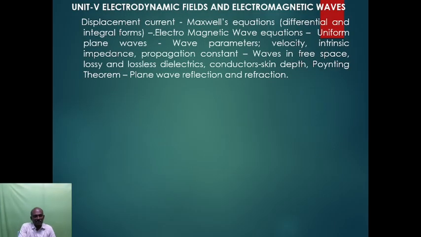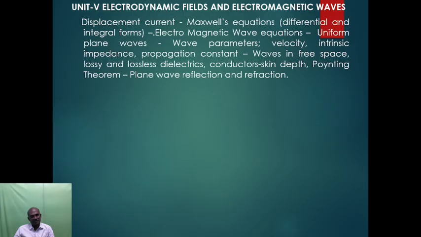The fifth unit is electrodynamic fields and electromagnetic waves. Even though it is considered as a static field, in general the field is purely a dynamic field, whether it is an electric field or a magnetic field. So we consider these fields as time dependent quantities, changing with respect to time.